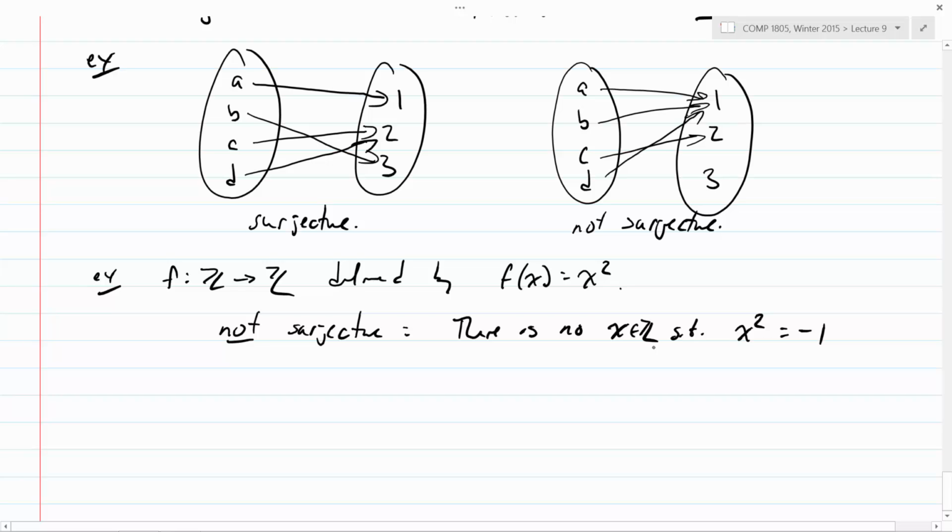There is the complex number i that makes that true, but it has to be an integer. Any questions there? So an equally good example would be, say, 3, because there's no integer x such that x squared equals 3. That's a perfectly good example that you can do as well.